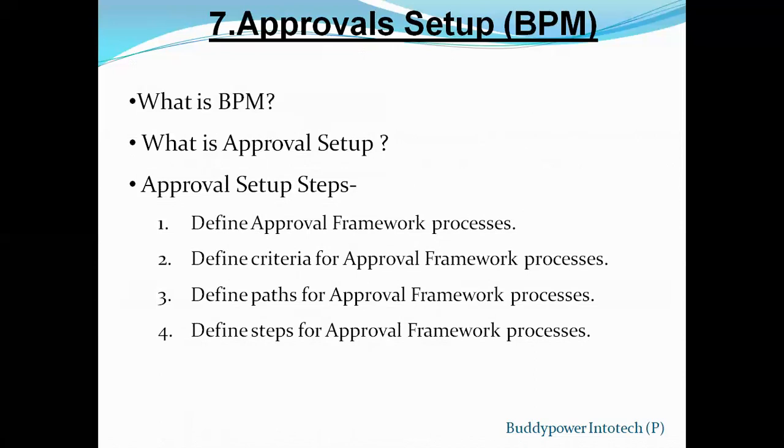Then the users include one or more Oracle Fusion applications, wherein, for example, you are from the payables department, but you need to do a certain transaction, so you need an approval from some other department. So that setup needs to be done in the approval setup process.